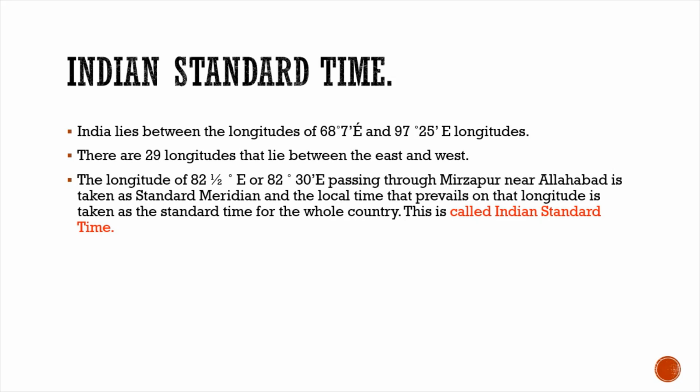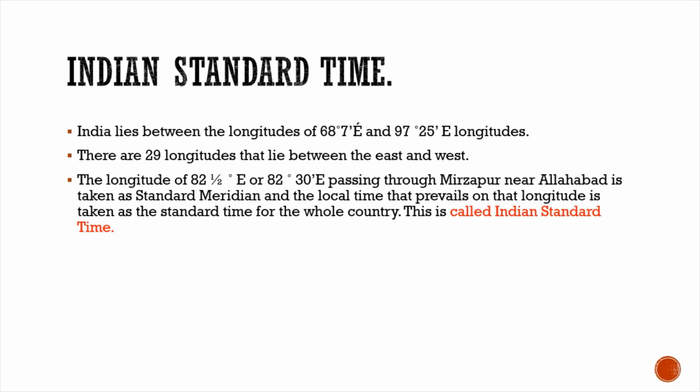India lies between the longitudes of 68 degrees 7 minutes east and 97 degrees 25 minutes east. So, there are around 29 longitudes between the east and the west.